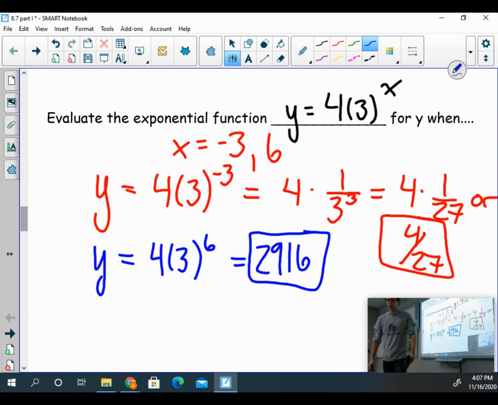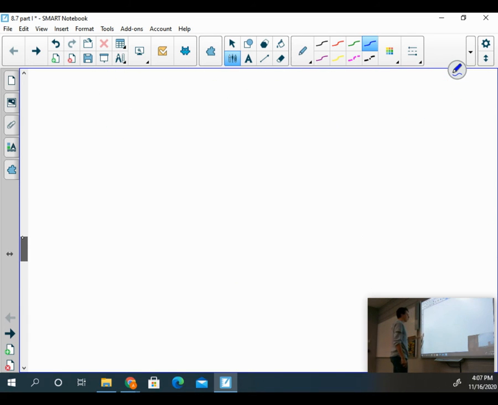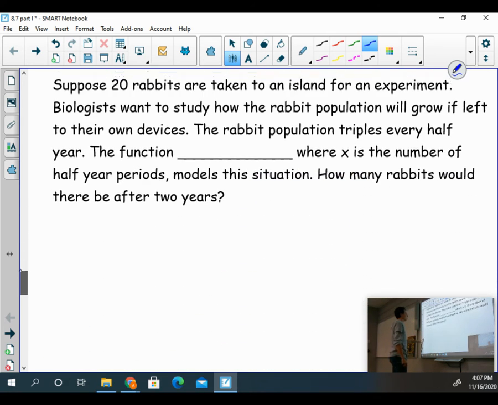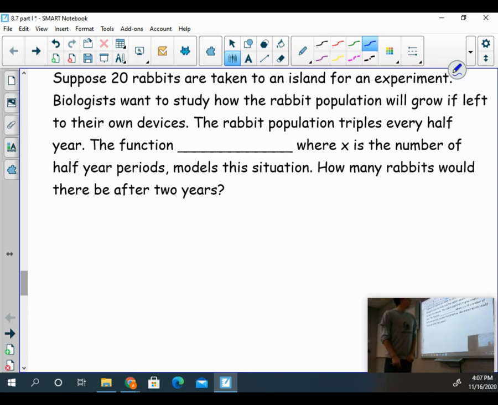Evaluating exponential functions. Going to look a little different than linear functions, but still pretty easy to evaluate them. So let's apply it to a word problem. Suppose 20 rabbits are taken to an island for an experiment. Biologists want to study how the rabbit population will grow if left to their own devices.